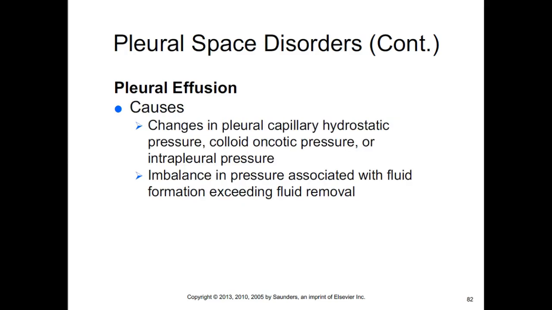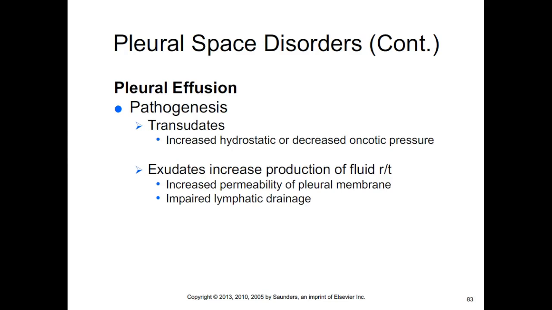Right, so basically the pleural capillary hydrostatic pressure, colloid oncotic pressure, or intrapleural pressure have somehow been changed, and this imbalance in pressure is going to cause fluid formation, and the fluid removal is not going to be fast enough to keep up with the fluid formation.